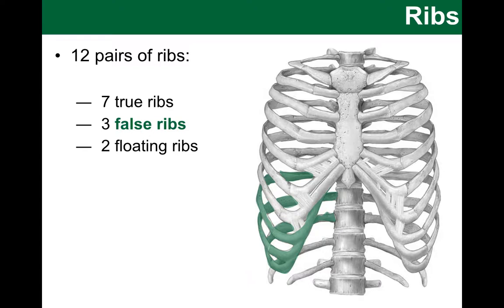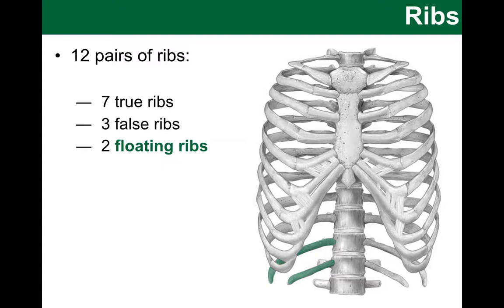They are called this because they do not directly attach to the sternum, but join through the costal cartilage of the 7th rib. And finally, the 2 rib pairs that do not attach to the sternum at all are known as floating ribs. Sometimes you might hear people doing strange stuff like wanting to get them removed to make their waist thin and all that. So those are our ribs.